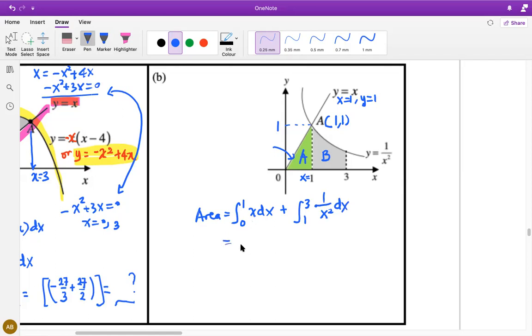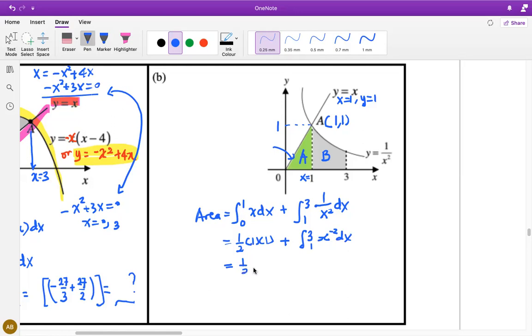So this one is actually the same as 1 over 2 times 1 times 1, because it is the area of the triangle. Also, you can use this. And then for this part, before you integrate, you change it to x to the power of negative 2.